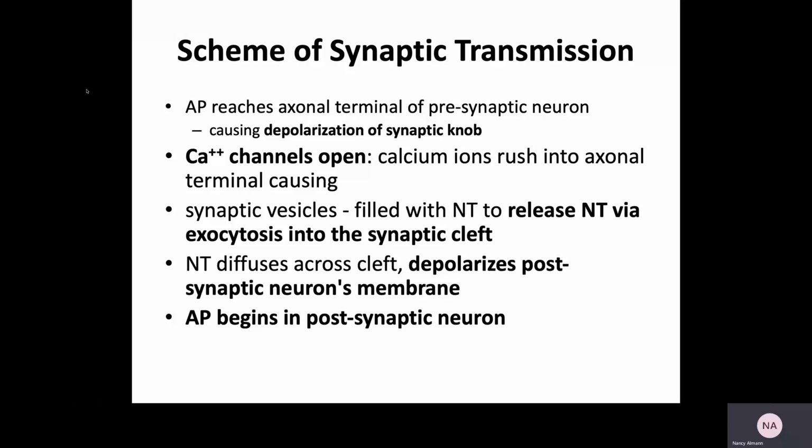That is what is going to trigger the release of the neurotransmitter from the synaptic vesicles. Remember that the neurotransmitter is released via exocytosis. The neurotransmitter diffuses across the synaptic cleft, gets picked up by receptors on the postsynaptic neuron's membrane, which in turn will trigger another action potential in that postsynaptic neuron.